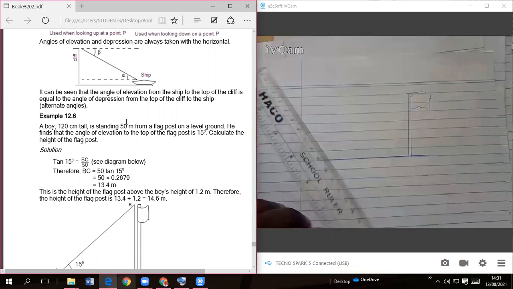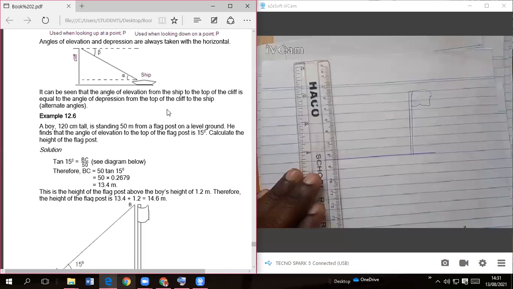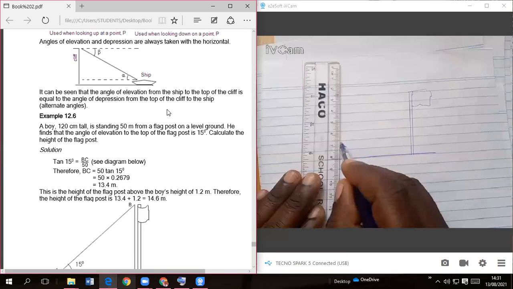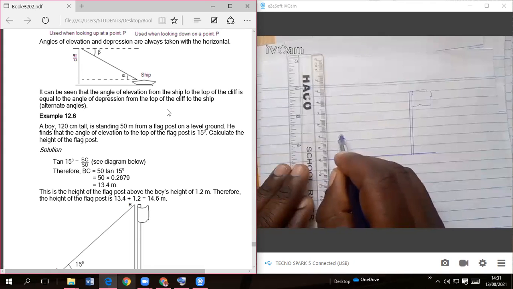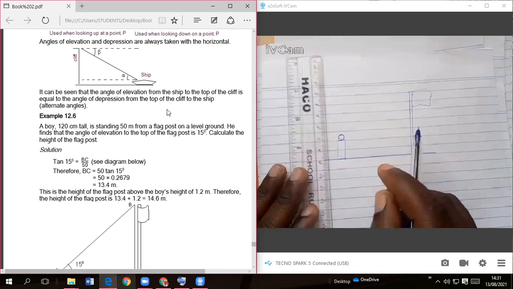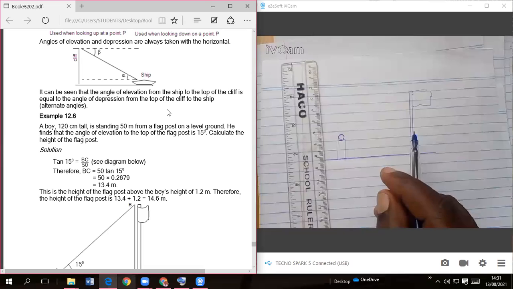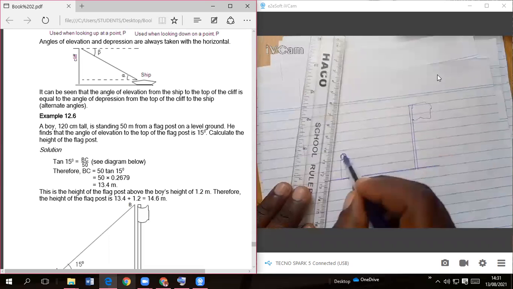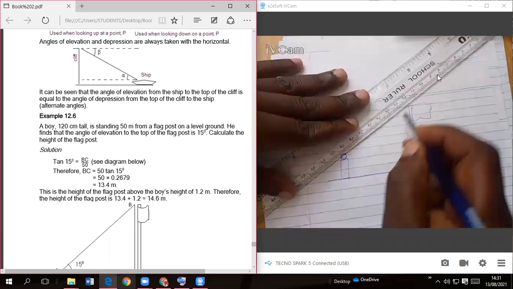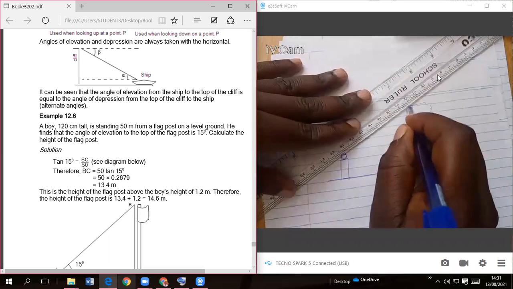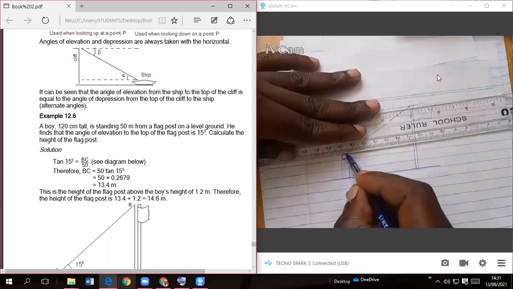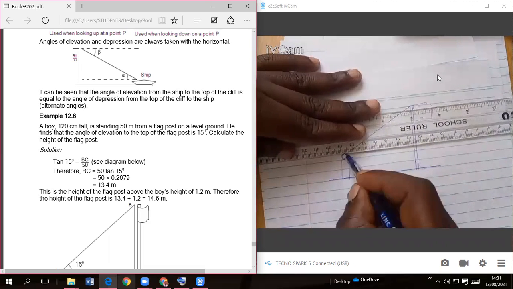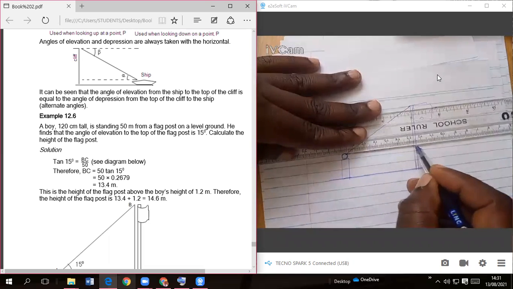Maybe this is the boy here, and the boy is looking at the flag post from his eyes here. The angle of elevation is always measured from the horizontal, so I'll draw the horizontal with dotted lines to there.